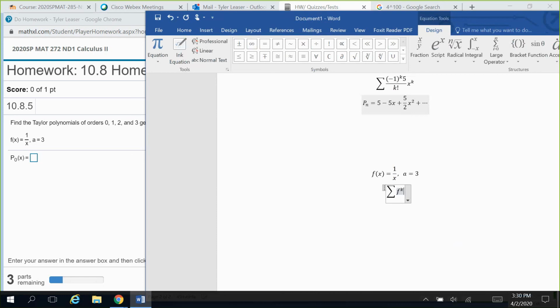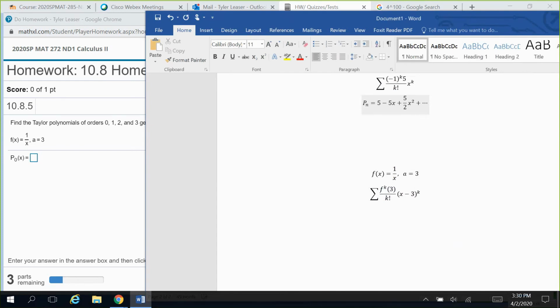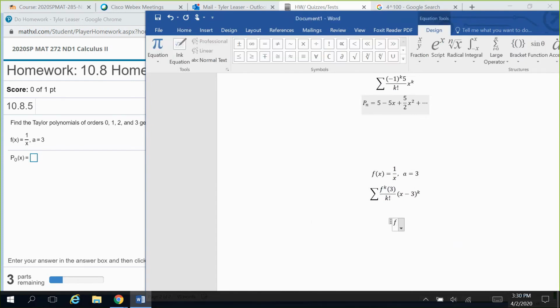So for that one, it's the kth derivative of f at our value 3, divided by k factorial, times (x minus 3) to the k. Just a more generic way, where here we're centered at 3 instead of 0. So we are going to have to take the derivative multiple times. The original function is 1 over x.